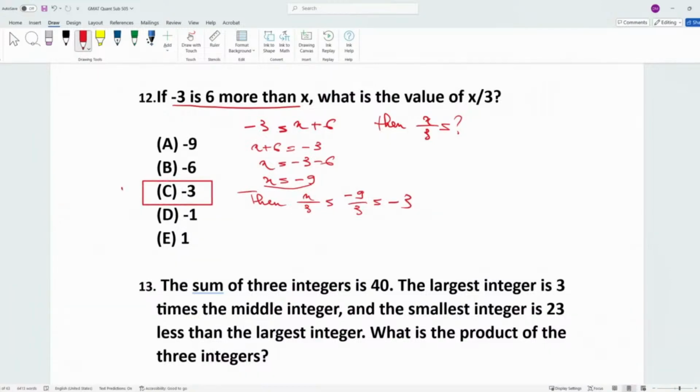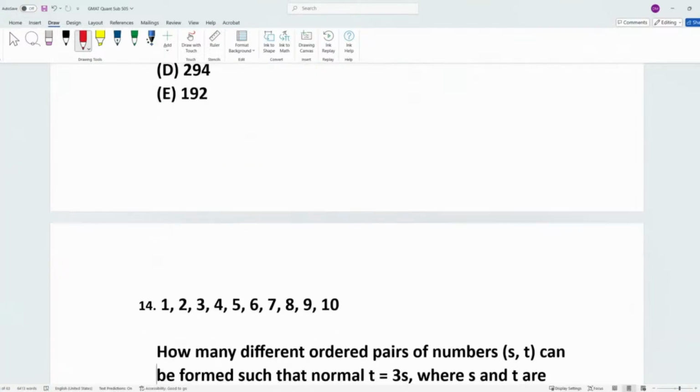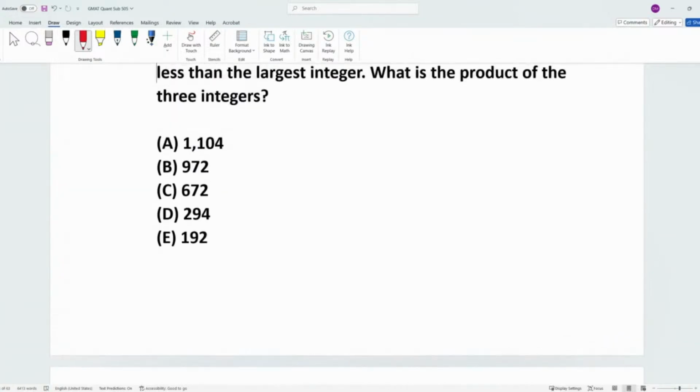Answer C is the correct answer. Okay, so that's the answer. So let's move on to the next question.